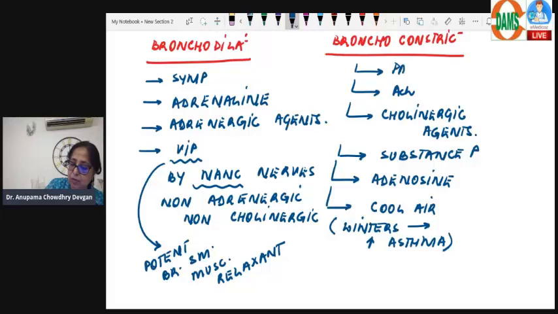Acetylcholine, cholinergic agents, substance P, adenosine, and cool air itself are bronchoconstrictors, but VIP is a bronchodilator. So these are the agents which cause bronchodilation and bronchoconstriction.